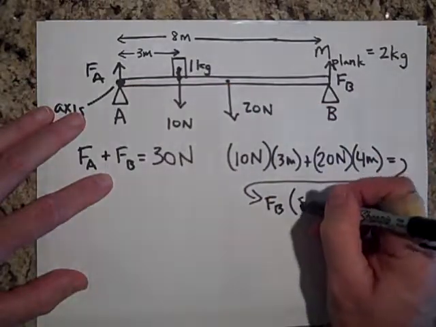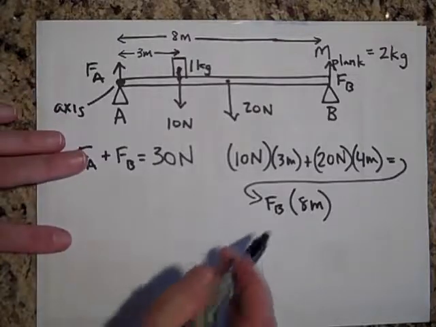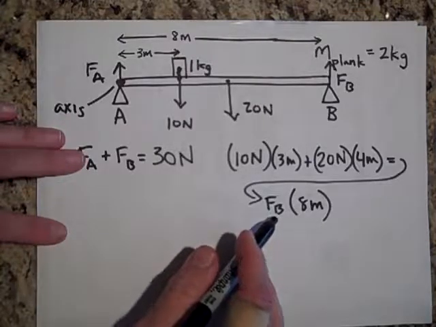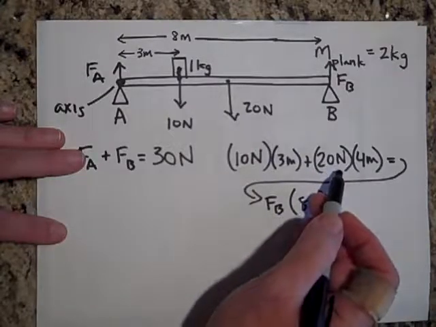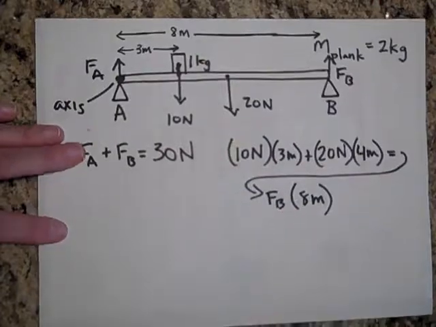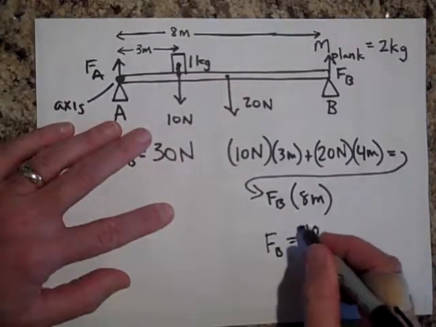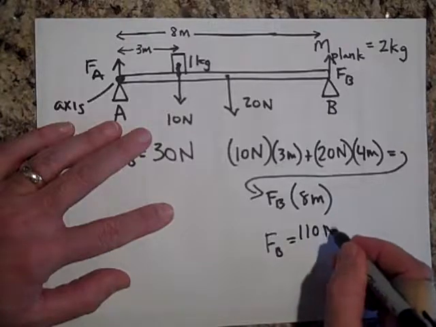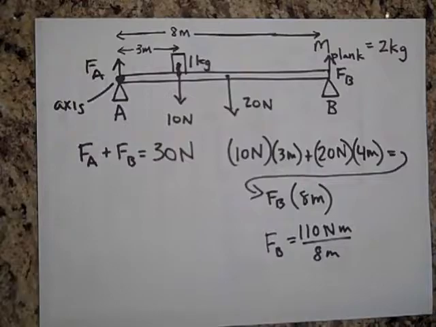All 8 meters. So at this point I can solve for FB. That's 30 plus 80, so it's 110. So FB is 110 newton meters divided by 8 meters. So I got that.